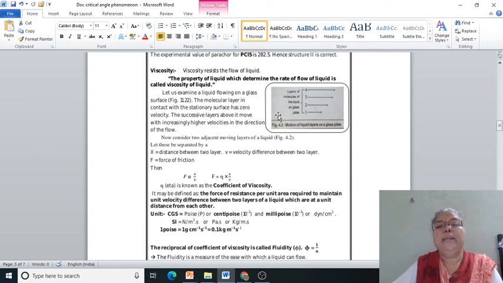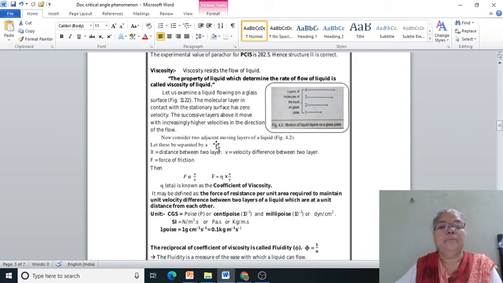Every liquid flows on a plane surface in the form of liquid molecular layers, and the rate of flow of liquid molecular layers increases with the distance from the stationary surface. That means when the friction between the liquid molecular layer and the plane surface decreases, the flow rate of the liquid molecular layer goes on increasing.